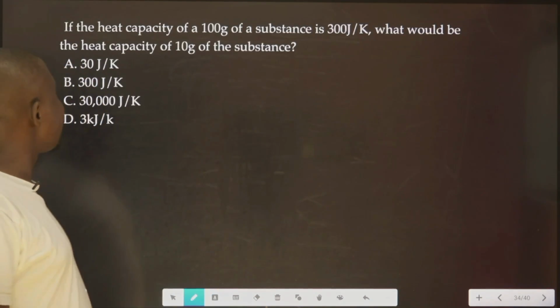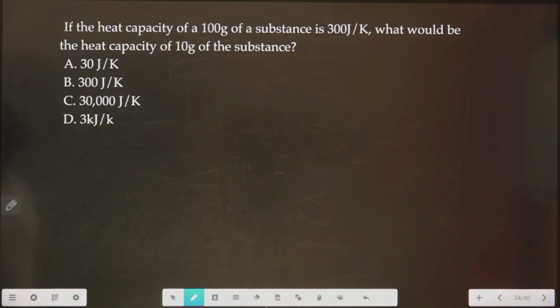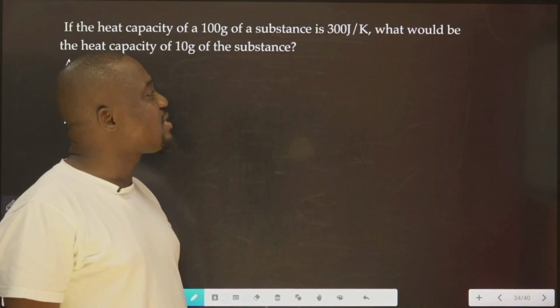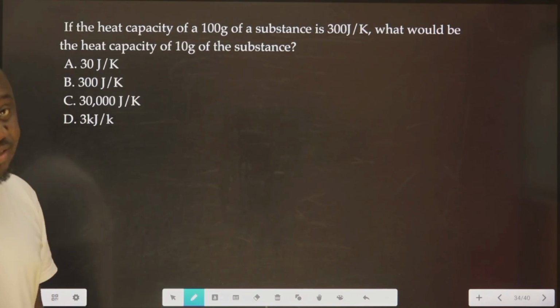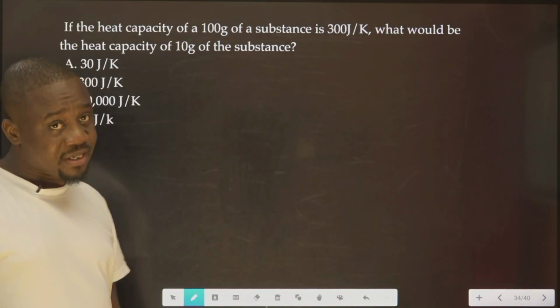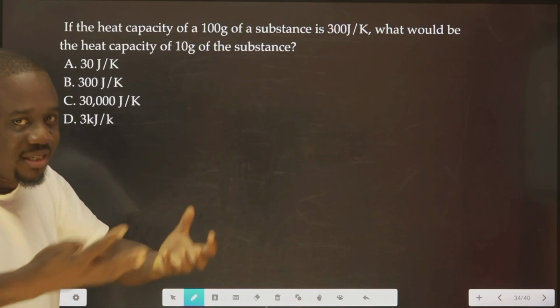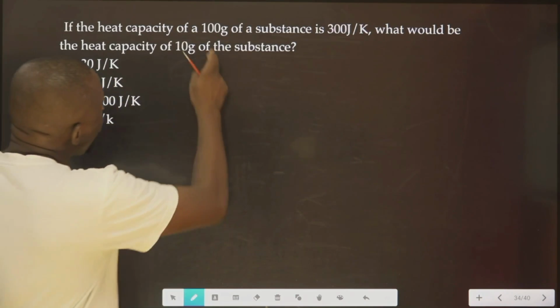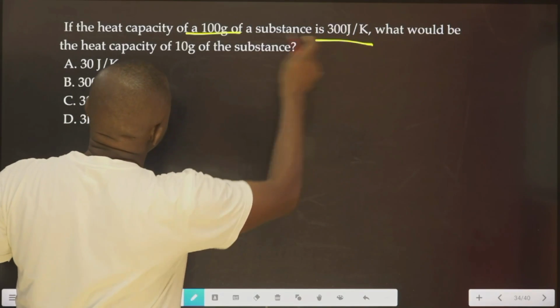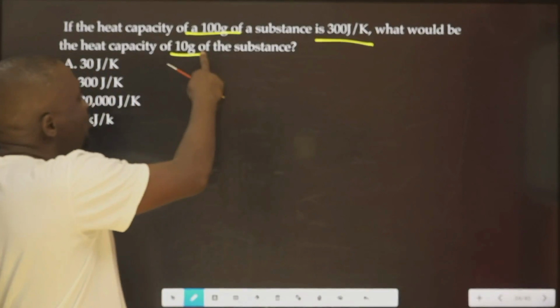Let's look at it. It says if the heat capacity of 100 grams of substance is 300, what would be the heat capacity of 10 grams of the substance? This is not specific heat capacity. We are talking about the heat capacity, the amount of energy. All you have to do, we are saying 100 grams will give you this. How many will 10 grams give to you?